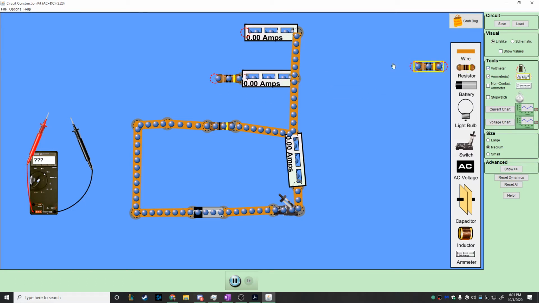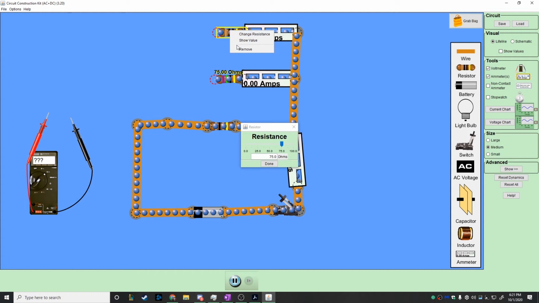A resistor here, a resistor here. Let's change the resistance to, let's say, 75. And then change the resistance here to maybe 50. Or let's do 25.